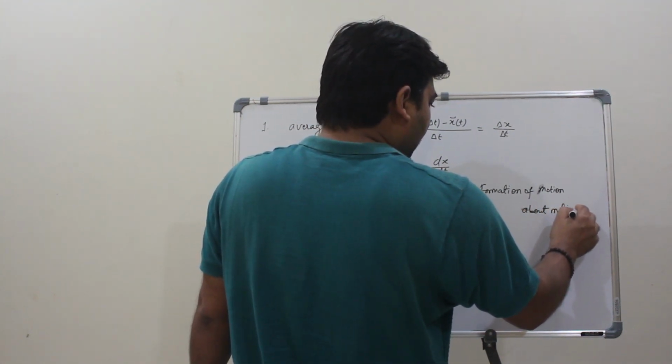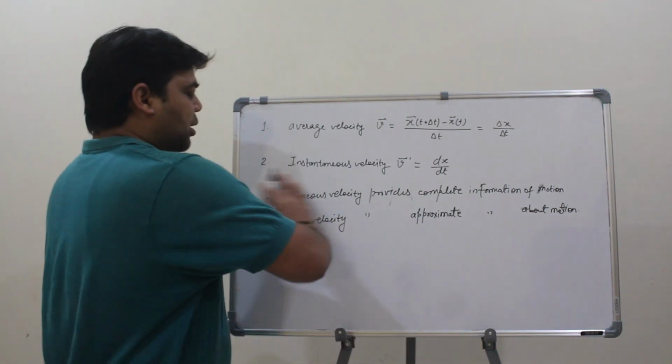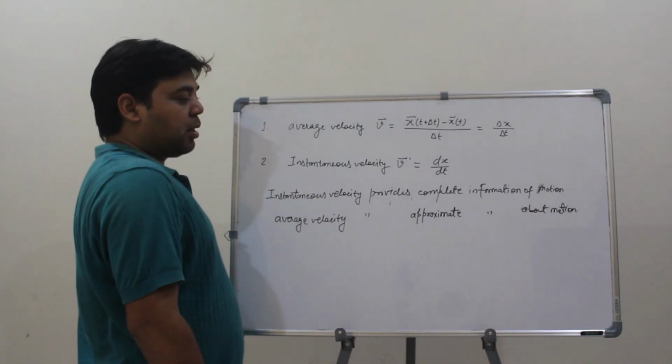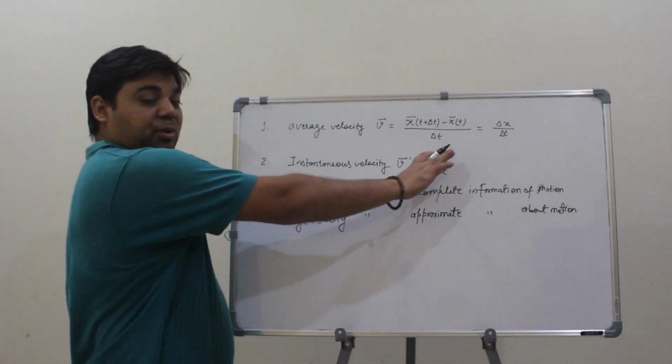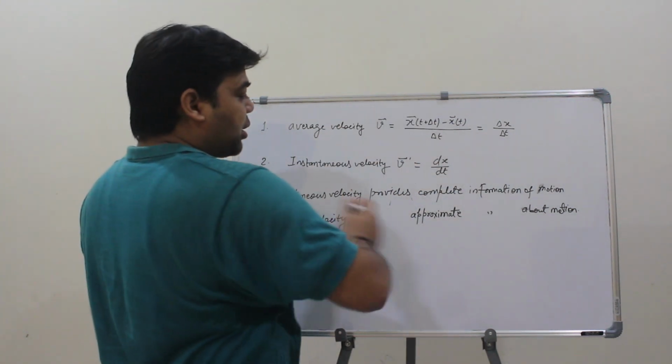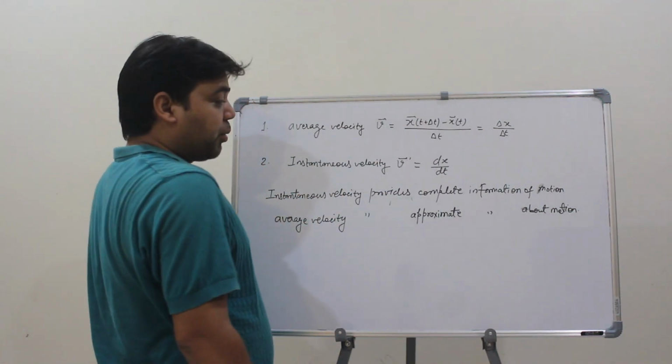So that's the difference. If it is asked to find the correct velocity, it is the instantaneous velocity, which describes the motion in a correct way.